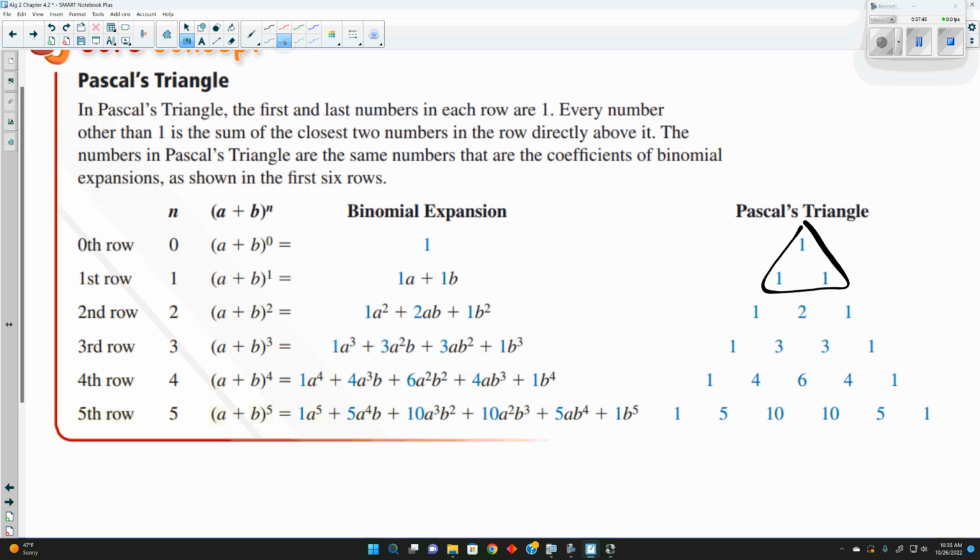But here we have 1. And if we add the 2 above it, we get the next one. So we have 1 and 1 and 2. So 1. Here we have 2 and 1, which is 3. 2 and 1 is 3. Then we have the 1. 1 and 3, 3 and 3. And we get the next row.